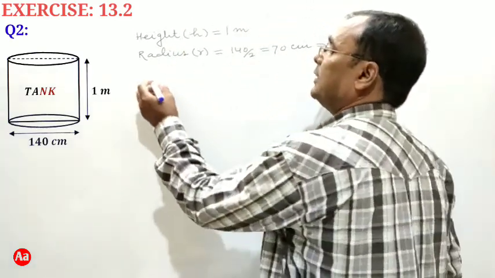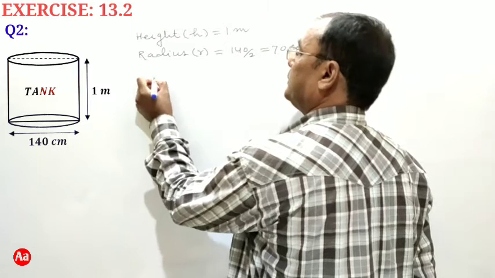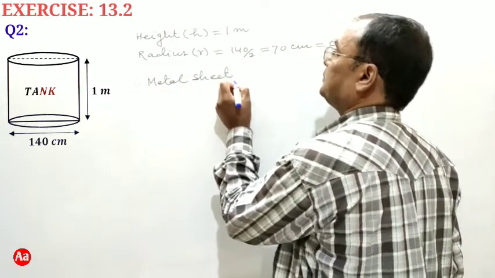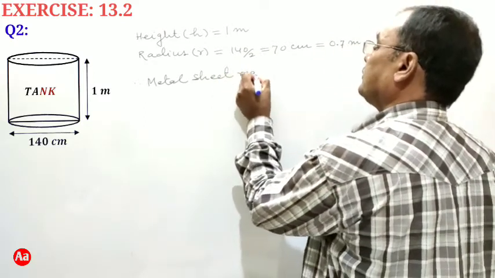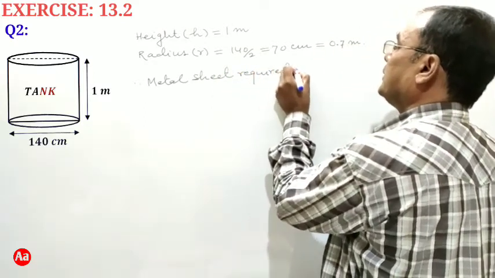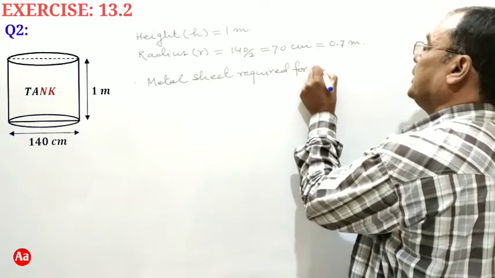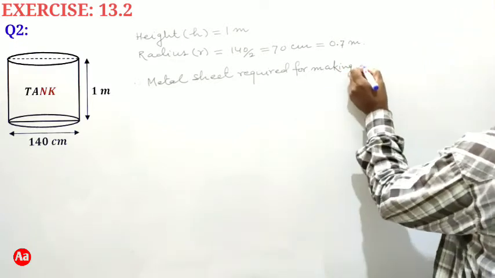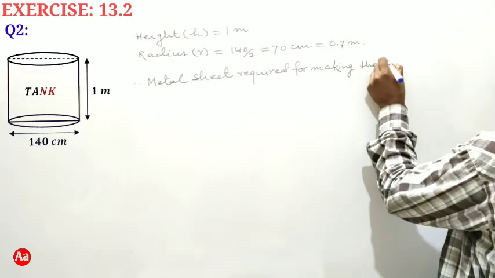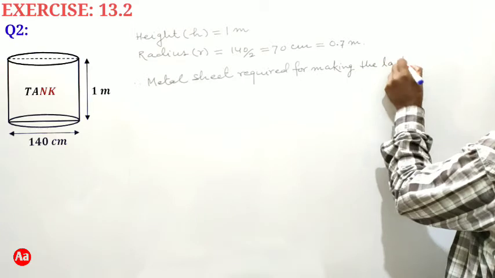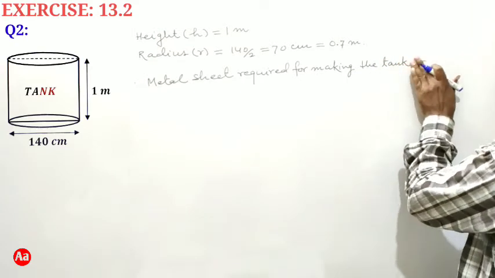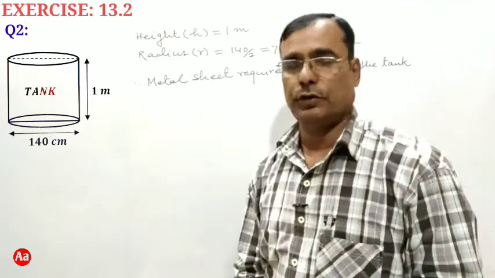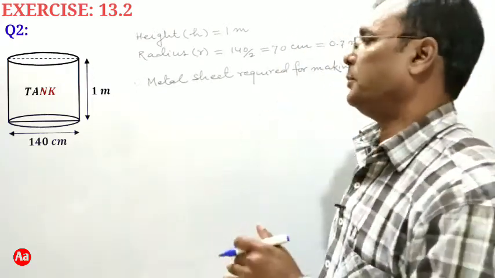So metal sheet required for making the tank, and this cylindrical tank is closed from base and the top also.